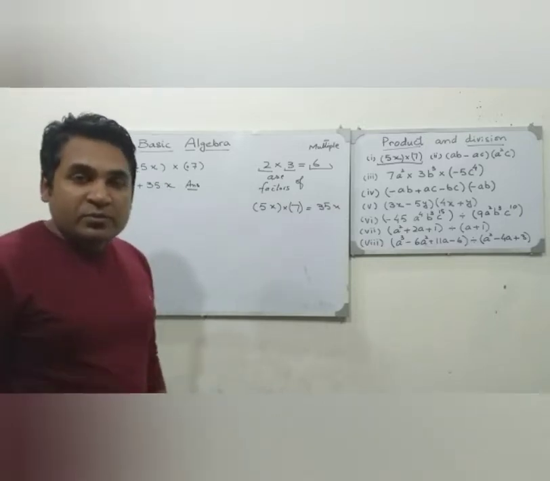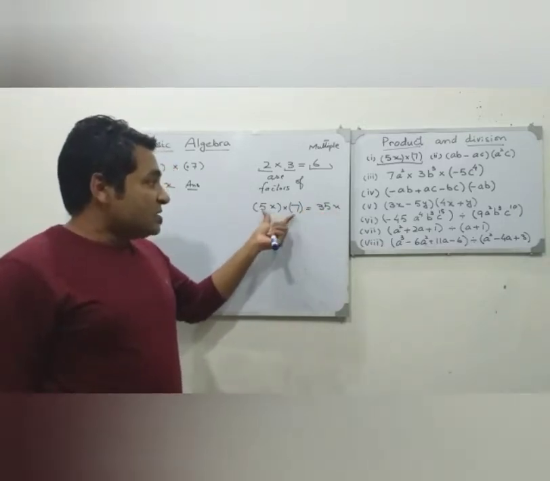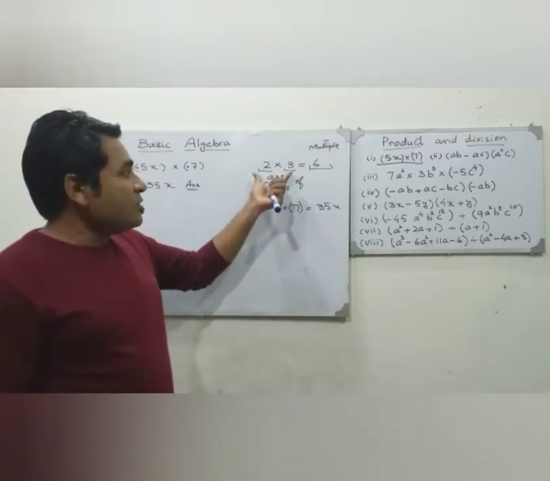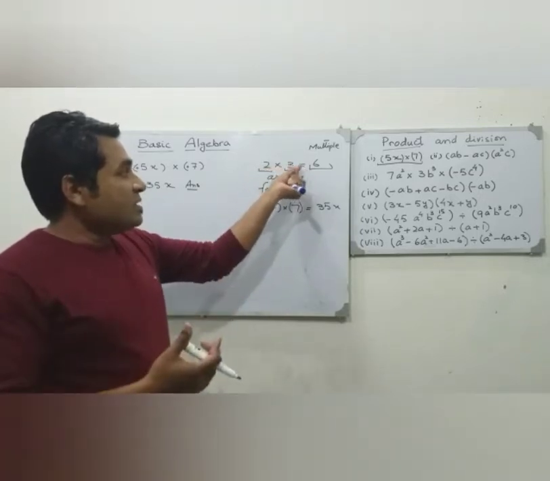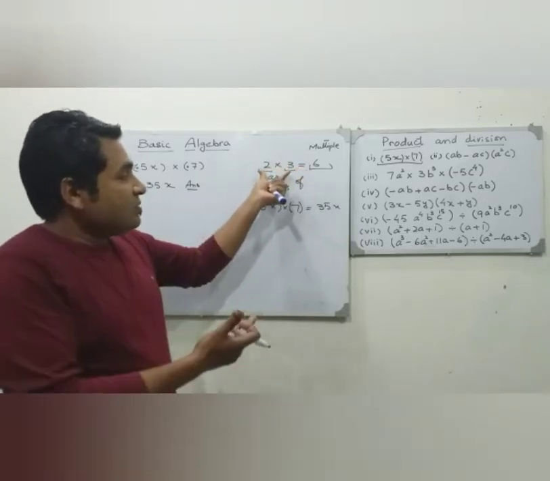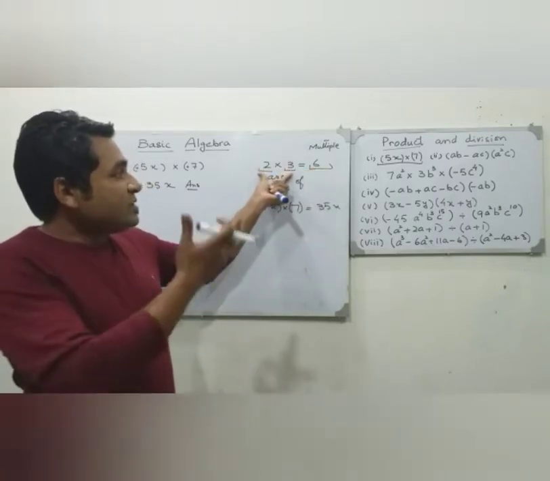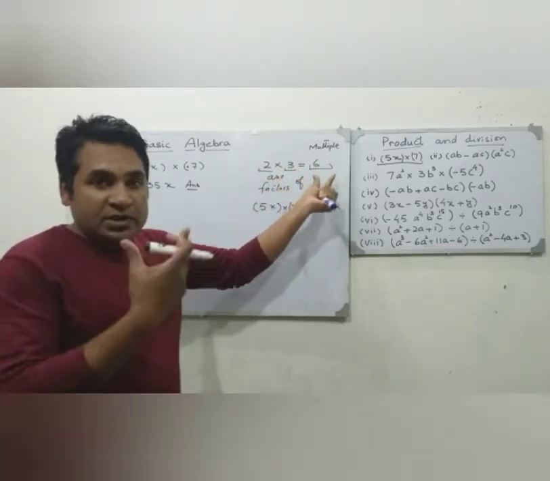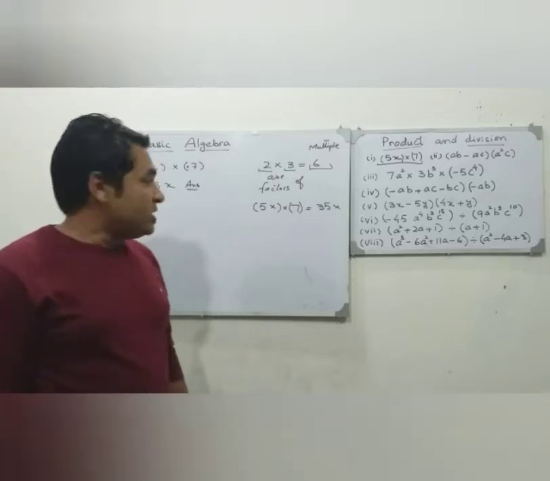Always remember, this is the multiple, and these are factors. You have all learned the tables, so you know that on the left side of the equal sign, two numbers are multiplied and we get the answer. The numbers written on the left side are the factors of the number written on the right hand side. You have to keep this in mind and memorize it.